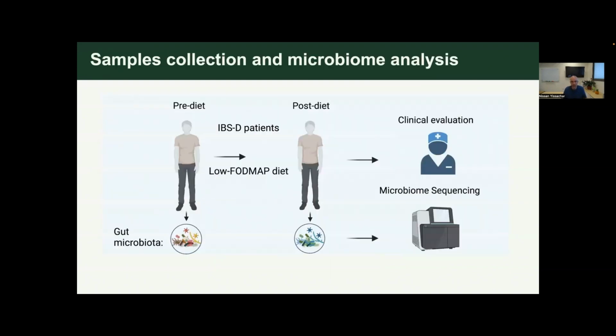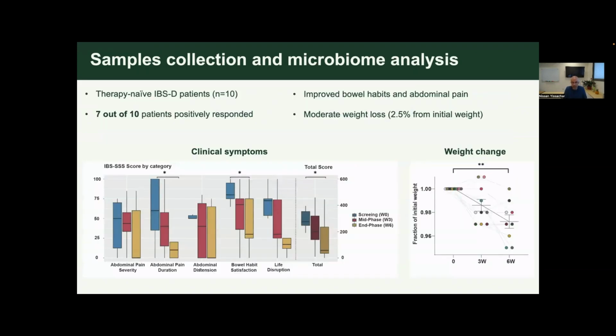We started with establishing a small clinical cohort of newly diagnosed, therapy-naive IBS patients. We collected fecal samples before, during, and after these 6 weeks of low FODMAP diet, and we sequenced them. And using 16S sequencing, we found indeed interesting changes to microbiome composition.